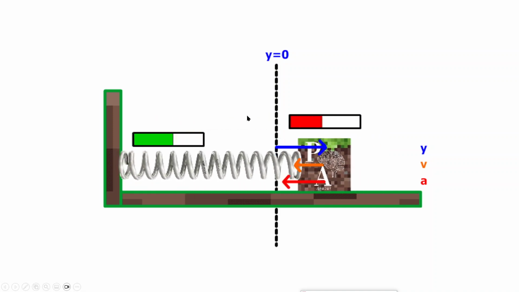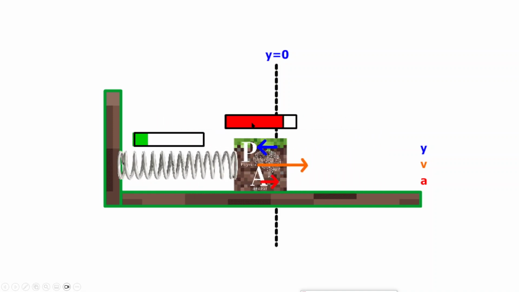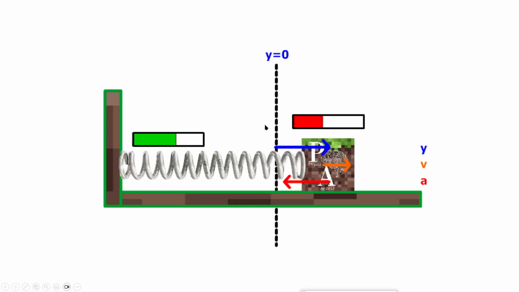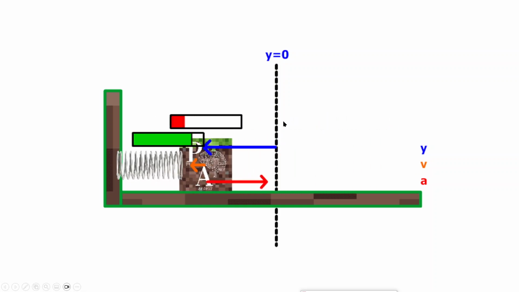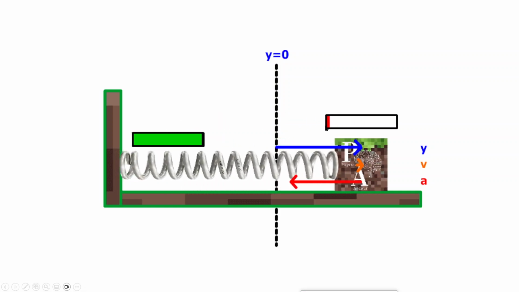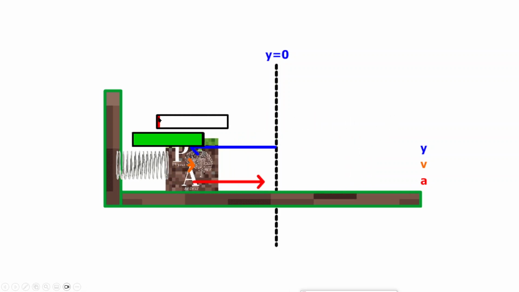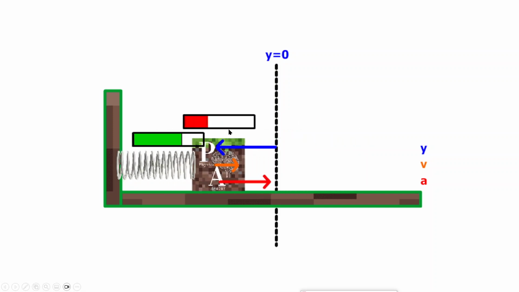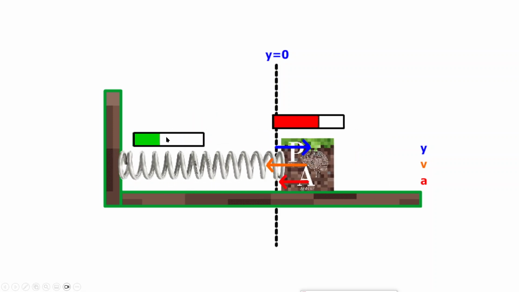And what is the red bar, green bar here? Red bar is the kinetic energy. Kinetic energy is maximum at the equilibrium, right? But kinetic energy is 0 at the amplitude. And the green bar, what do you guess?